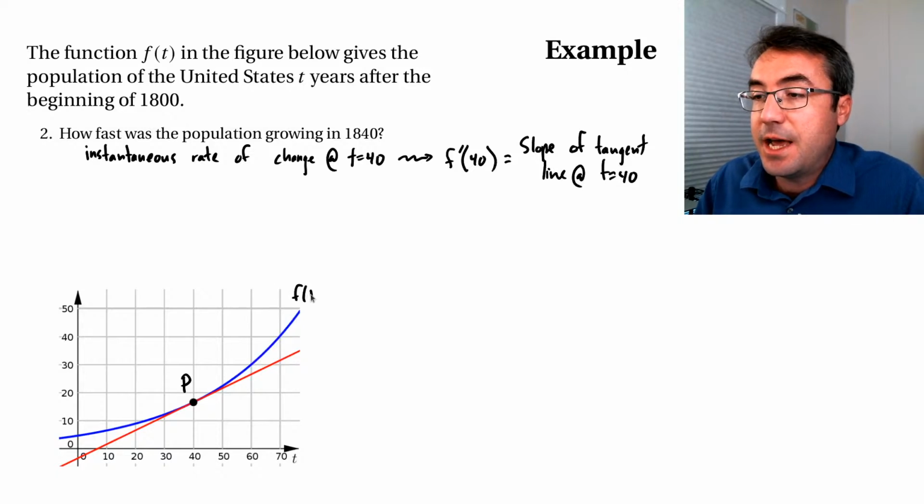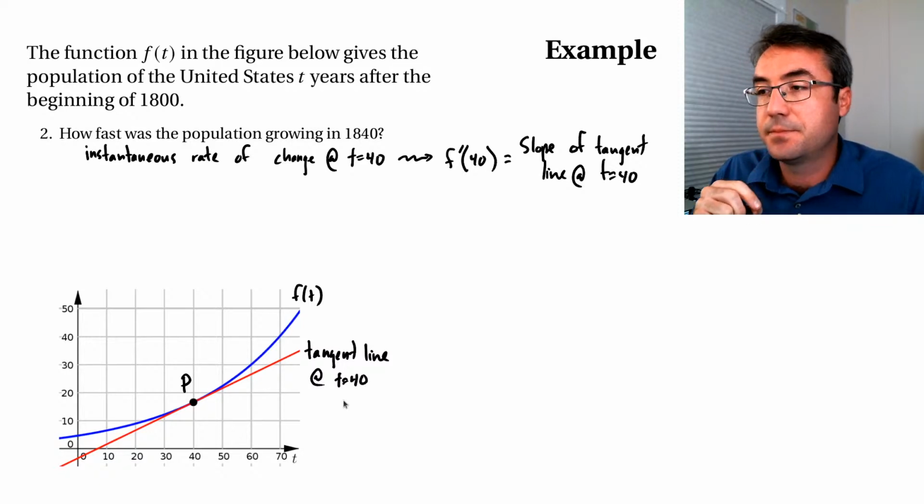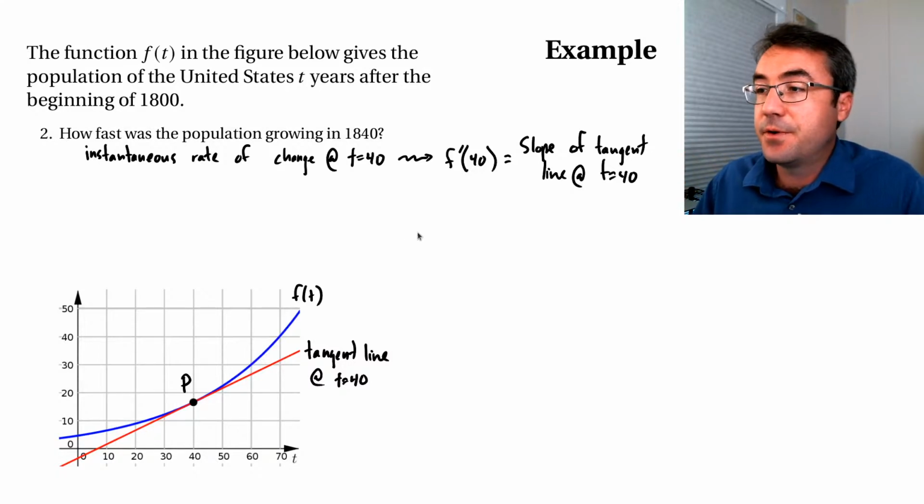So we have our function f of t, our curve, and then we have our tangent line at t equals 40. All right, so to estimate the derivative, this comes down to estimating the slope of that tangent line.